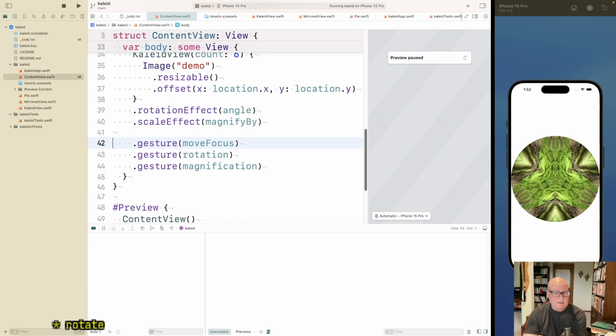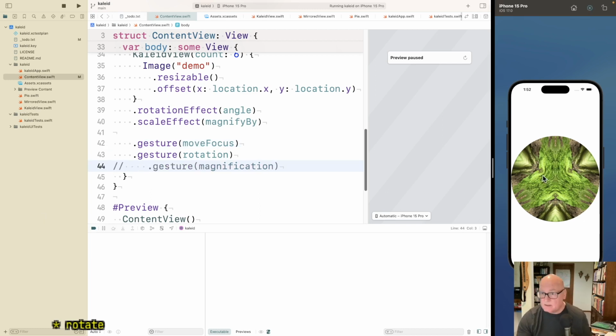Well, I think rotation is more likely to feel natural. And on this, let's take the magnification off.